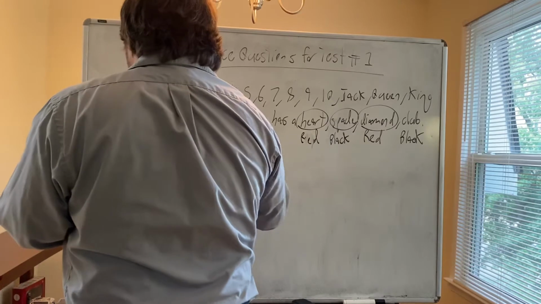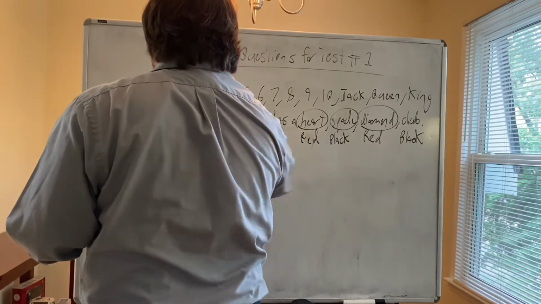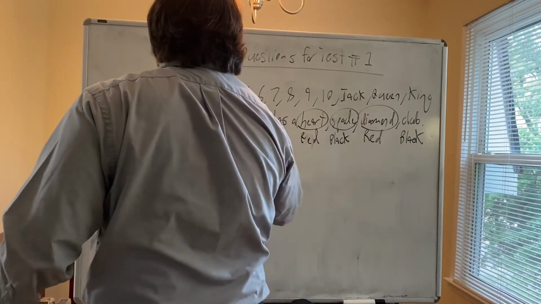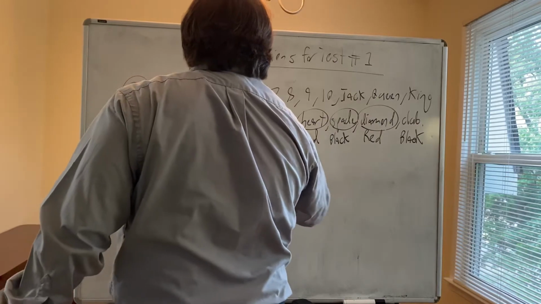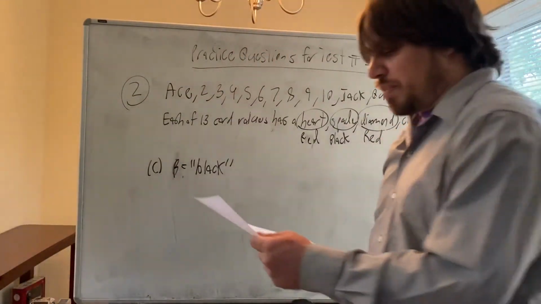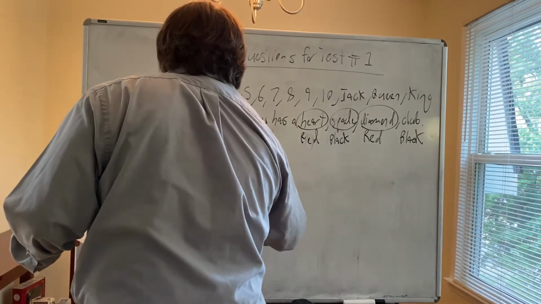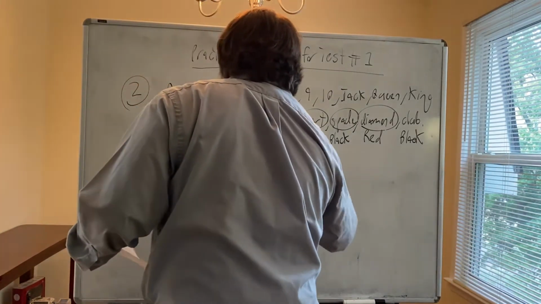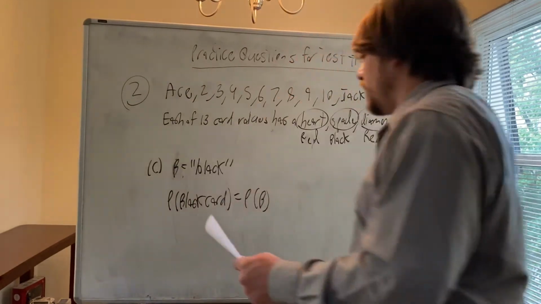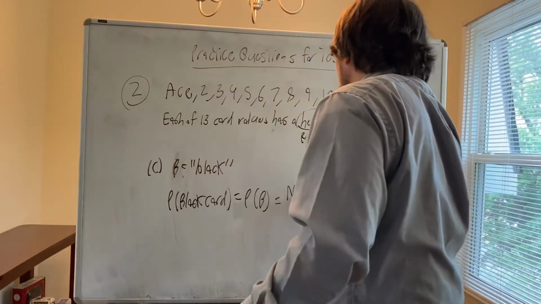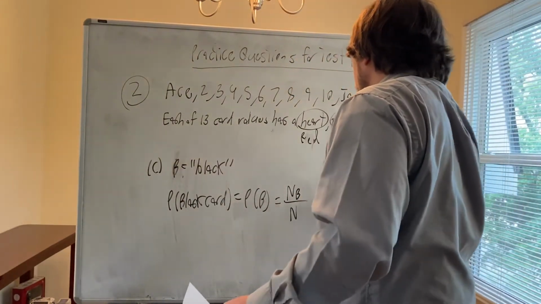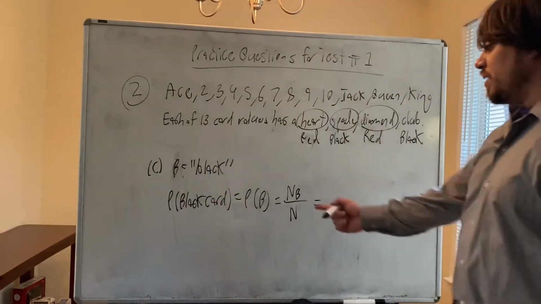So for part C, you want to find the probability of a black card. I want to let capital B be the event of drawing a black card from the deck. So capital B stands for black card. What we want to find is the probability of B, which is equal to n sub B, the number of black cards in the deck, divided by n, the total number of cards in the deck.